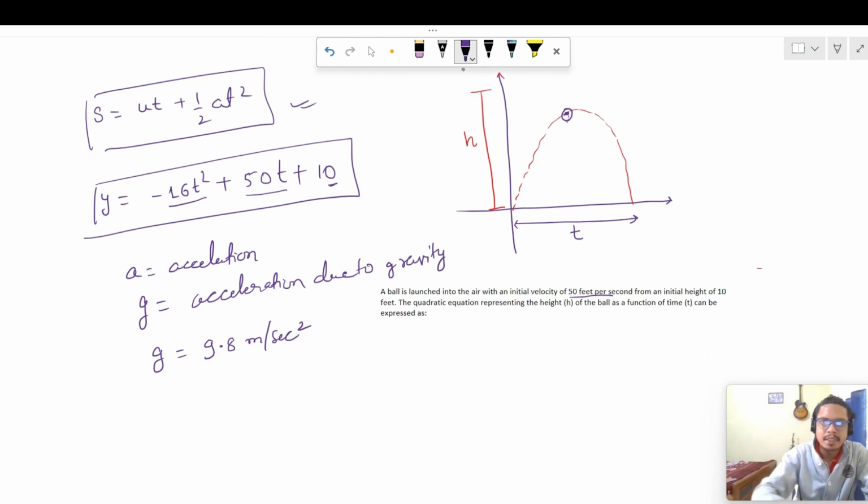When we express this g value in terms of feet per second squared, it is going to be 32 feet per second squared.